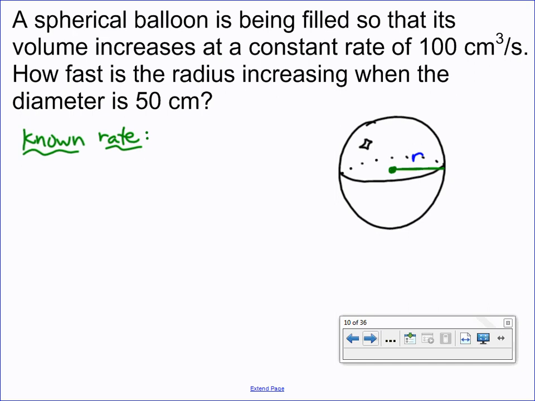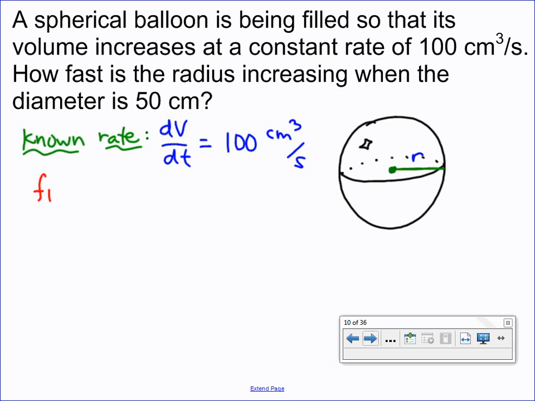Would that be dA/dt, dx/dt, or dy/dt? Well, none. It would be dV/dt. And so we'll write our rate in Leibniz notation, and that drives home the fact that the volume is changing with respect to time. So my known rate is dV/dt is equal to 100 cubic centimeters per second. There's my known rate.